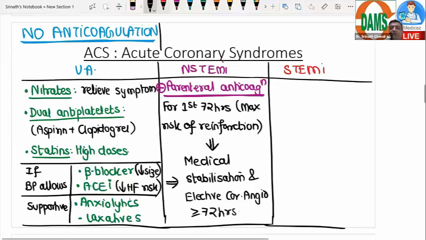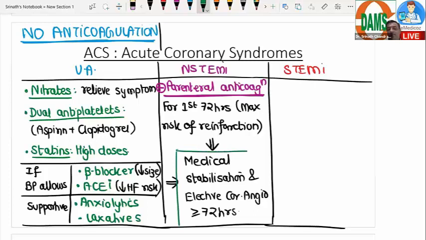So whether it is unstable angina or NSTEMI, in the majority of cases, first go for medical stabilization, followed by elective coronary angiography.